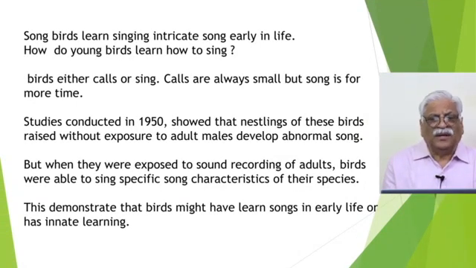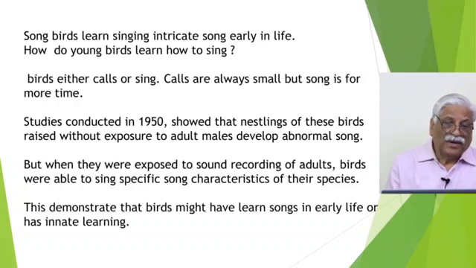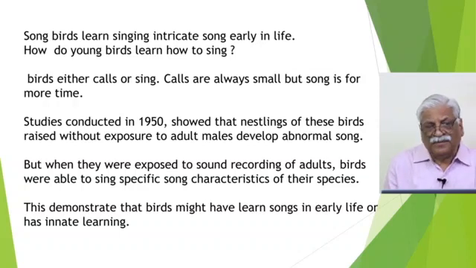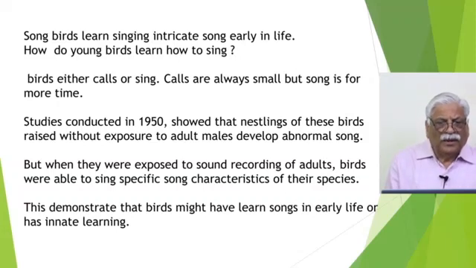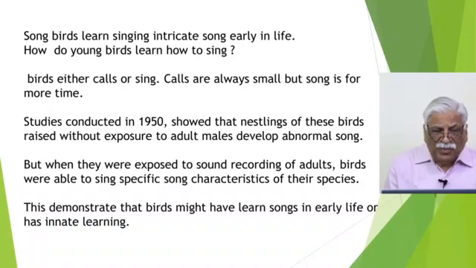Songbirds learn singing intricacies early in life. So how do young birds learn how to sing? Birds either call or sing. Calls are always short, but a song lasts for a longer time. Studies in 1950 showed that nestlings of these birds raised without exposure to adult males develop abnormal song.